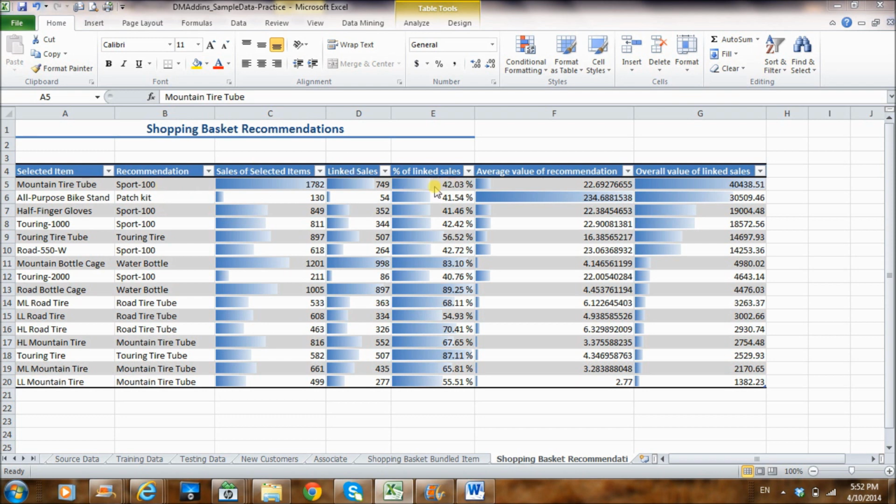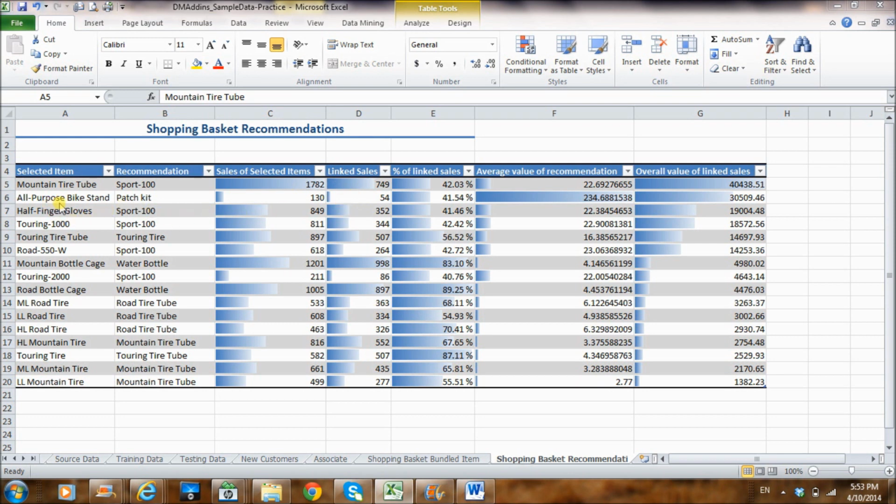So the percentage of having a Sport 100 from the transactions containing mountain tire tube is 42.03%. Basically, this is 749 divided by 1782.